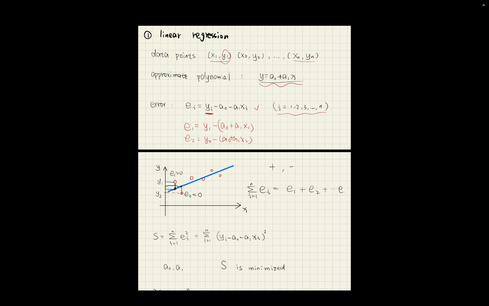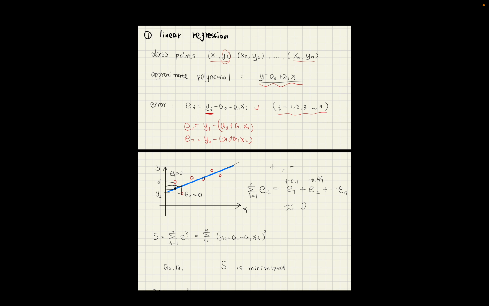And when you add all the way down to en, if your points unfortunately locate on the upper and lower side of the approximated line like this, you will probably get a value that is approximately 0, right? Because you have, let's say, positive 0.1, negative 0.99, something like that.